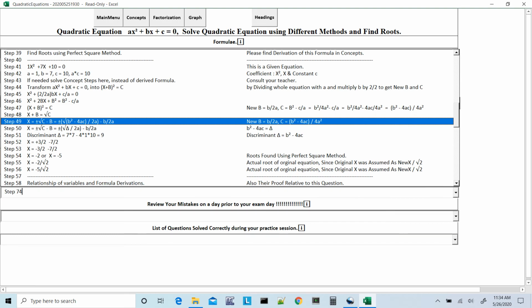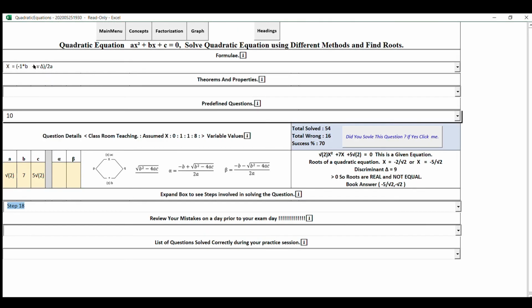So the key here is transform your equation in such a way that your a, b, c become integers. And to do that, you multiply that equation with the square root which is giving you trouble. So doing that, you eliminate that particular square root. That's it. So this is your assumed x method.